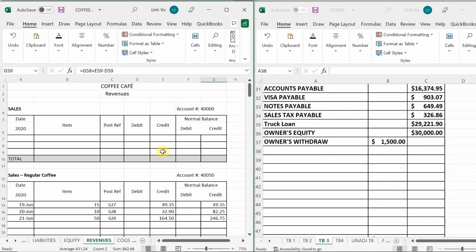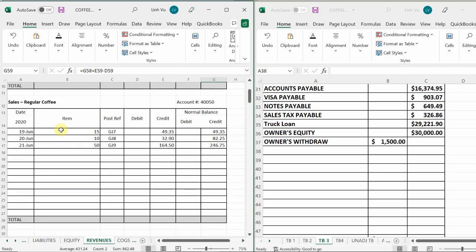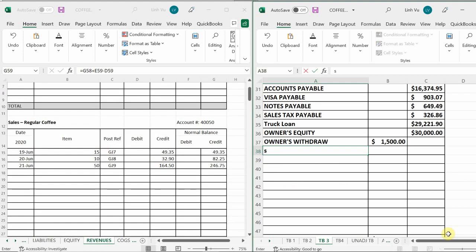The first thing I have here is sales, nothing there. Next account is sales for regular coffee. What's my account balance there? It's 246.75. Debit or credit? Credit.